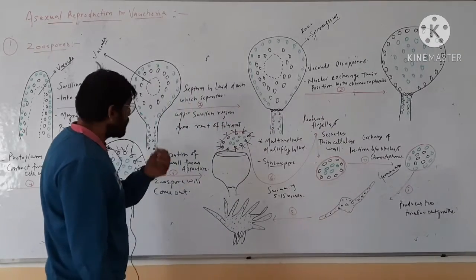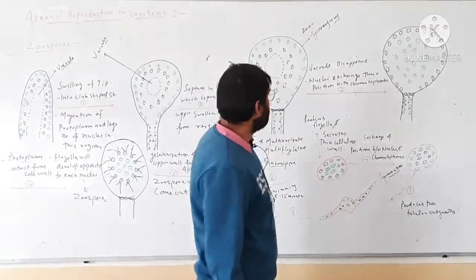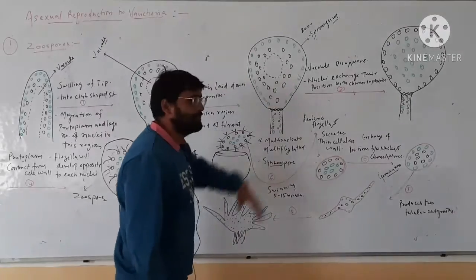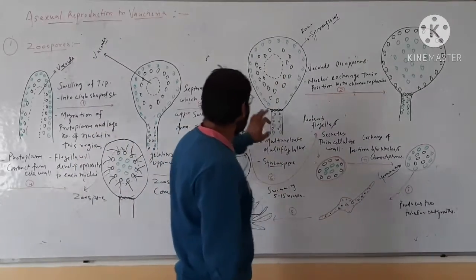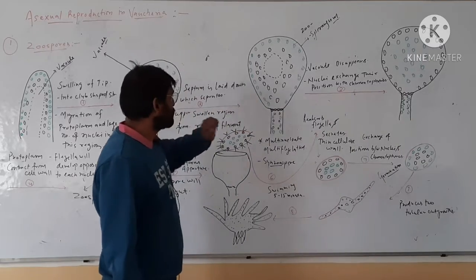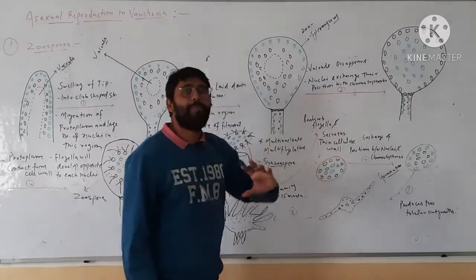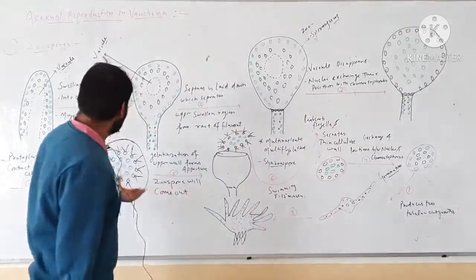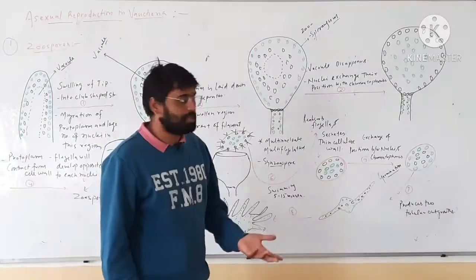Now after becoming separate from the lower part, the next process is that the vacuole will disappear. The smaller vacuole that was present in the center will disappear. Here you can see there is a vacuole in the center, and around this vacuole many nuclei are there. Why many nuclei? Because the thallus or filament of Vaucheria is multinucleate, or you can say coenocytic.